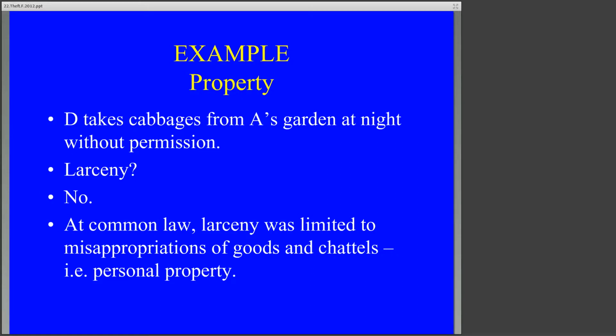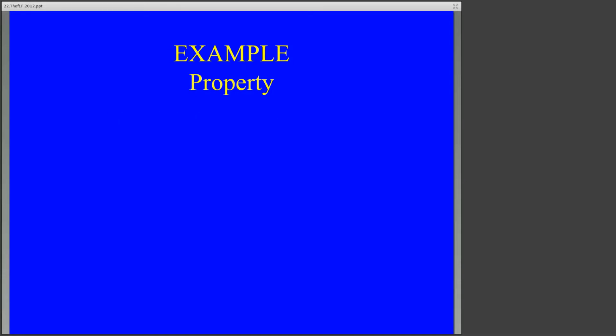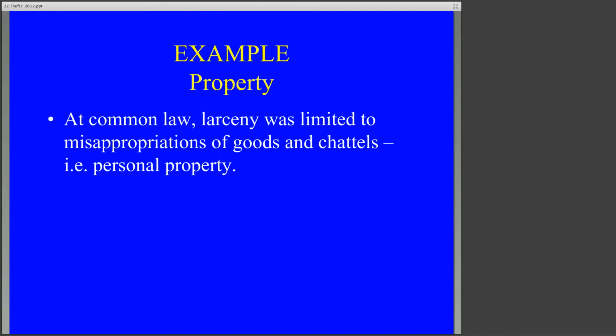Because at common law, larceny was limited to the misappropriation of goods and chattels, that is, personal property. And cabbages that were still growing from the ground were not considered personal property. They were immovable, part of the land.